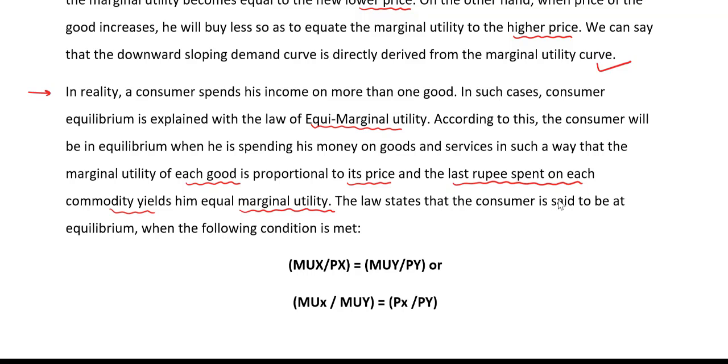The consumer is said to be at equilibrium when the following condition is met: MUx divided by price of X equals MUy divided by price of Y. You can also write this as MUx divided by MUy equals price of X upon price of Y.